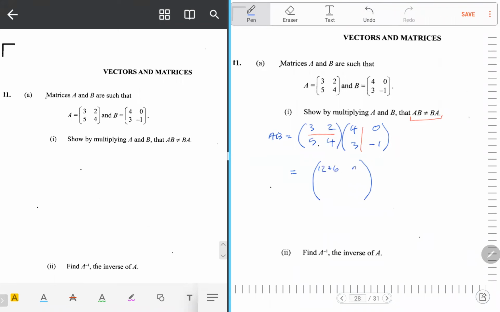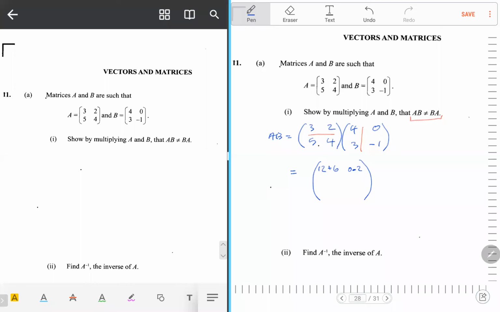The next element is in the first row, second column, so I use the first row with the second column. It is 3 times 0, which is 0, and 2 times negative 1, which is negative 2.